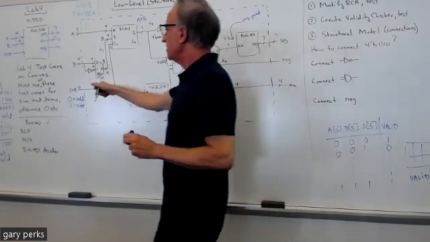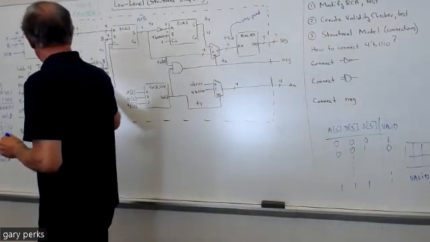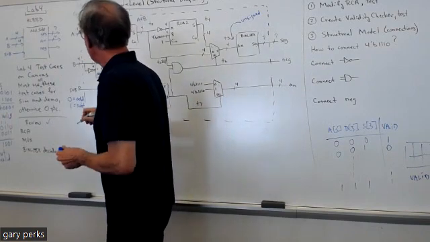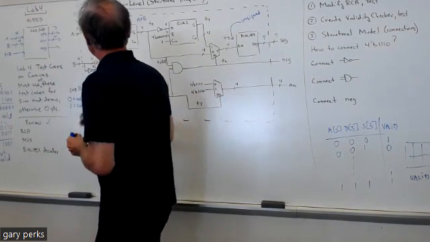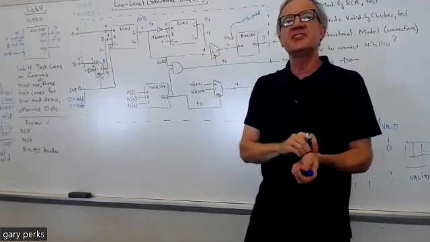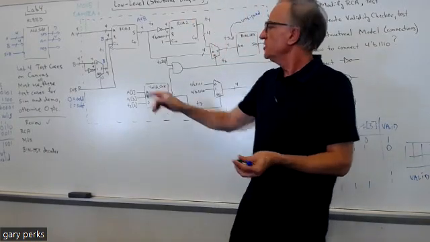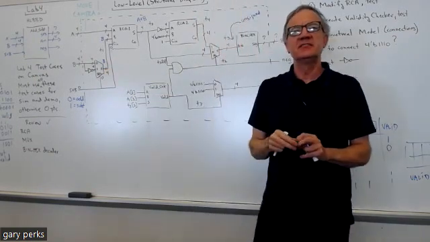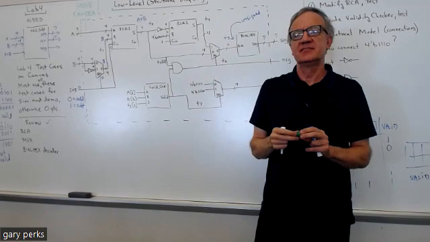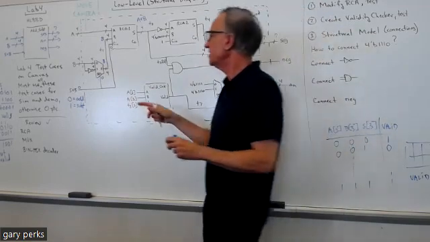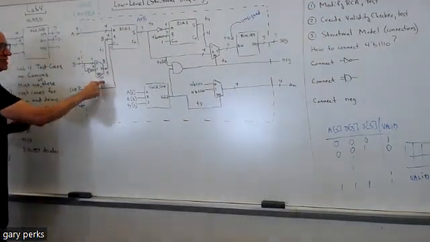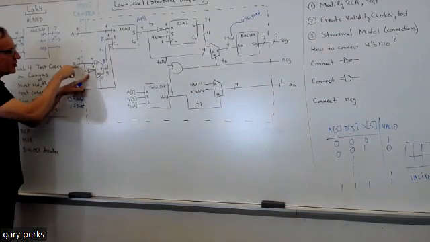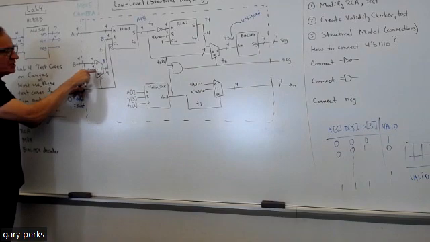All right, so now let's make this sub equal to 1. So that's gonna put a 1 on the select, and that's gonna put a 1 on the carry in of that RCA. So what's the output of the mux gonna be if the select is 1? Not B, because when the select is 1, it's going to connect the output to whatever's at input 1. And look, there's an inverter between B and input 1 of the mux.